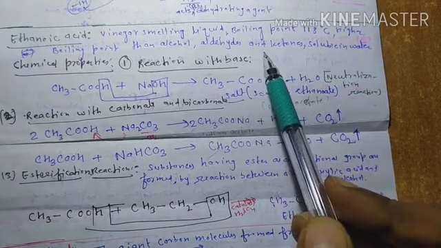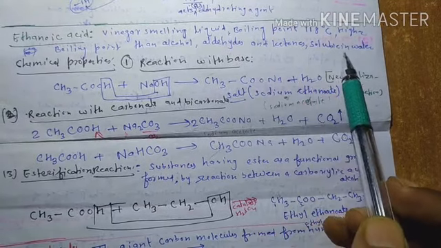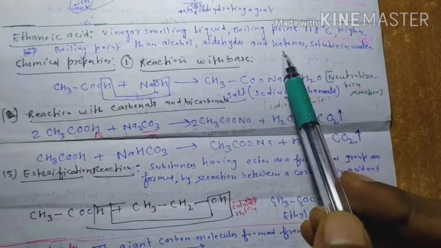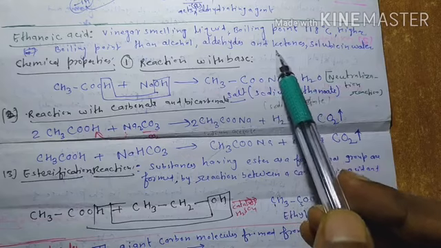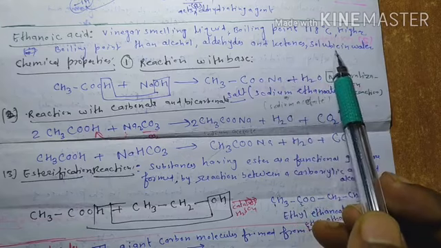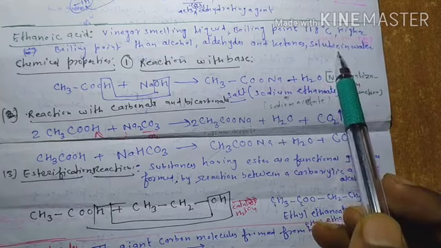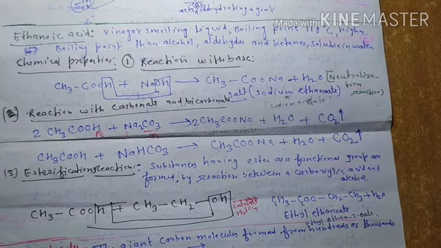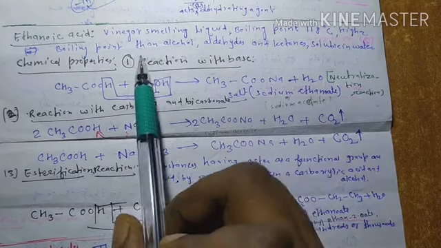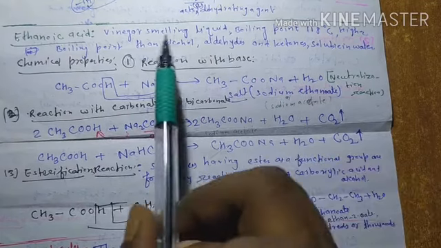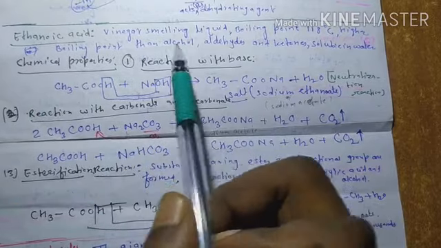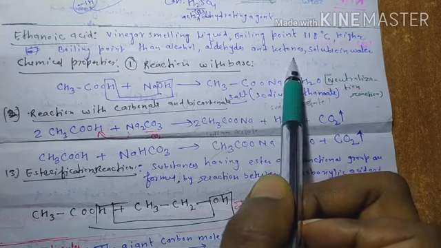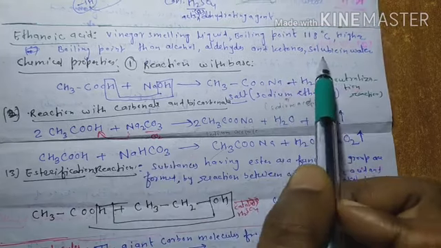Aldehydes and ketones are soluble in water. Sorry, what I mean to say is the boiling point of ethanoic acid is higher than alcohol, aldehydes and ketones. And ethanoic acid is soluble in water.